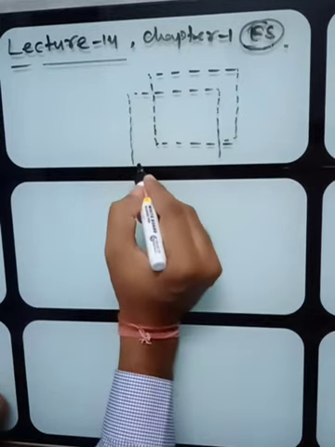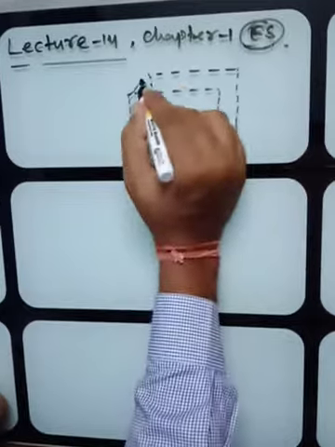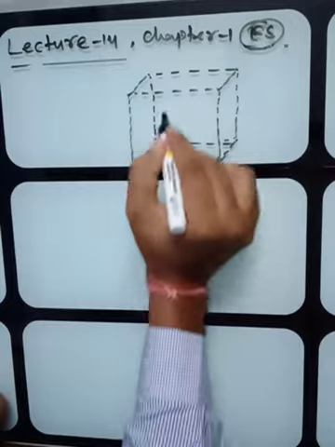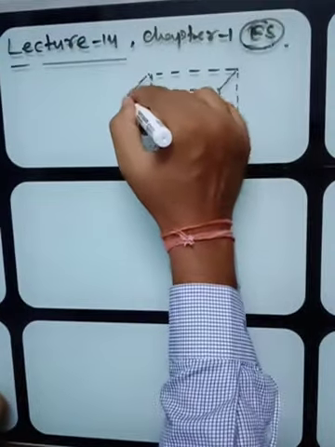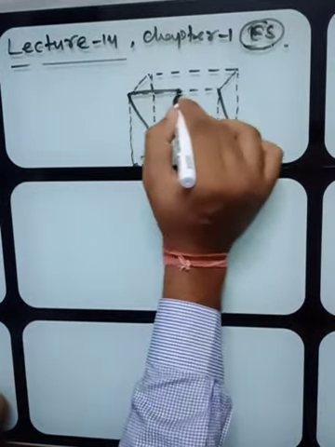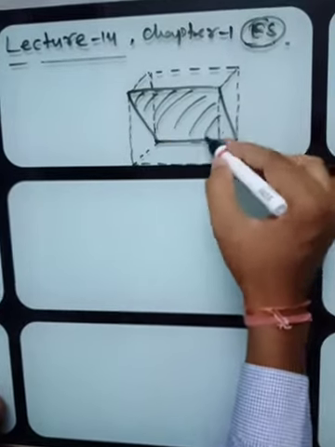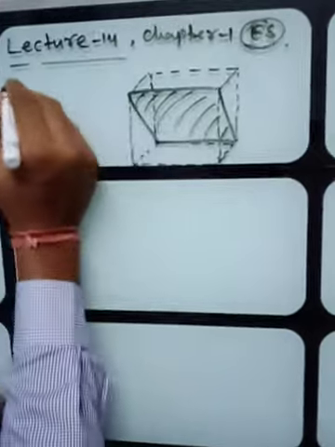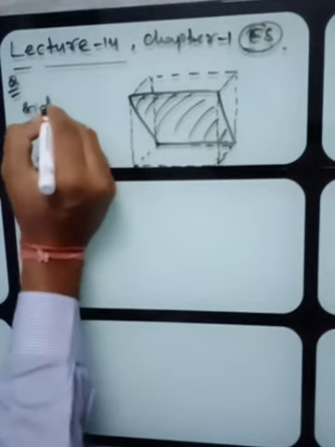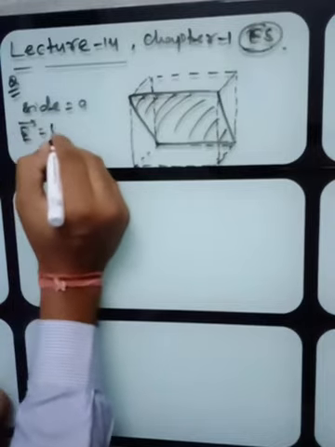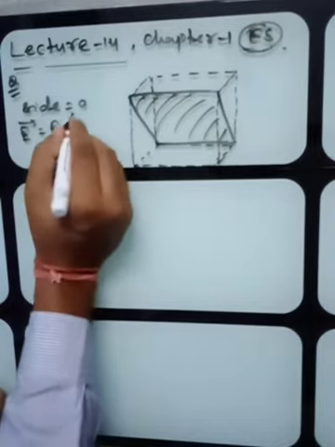And you have to find the electric flux not by the side faces, but you have to find the electric flux due to this diagonal face. I hope you are getting it, by this diagonal face. Again, the side of the cube is A, and the electric field is E naught j cap.